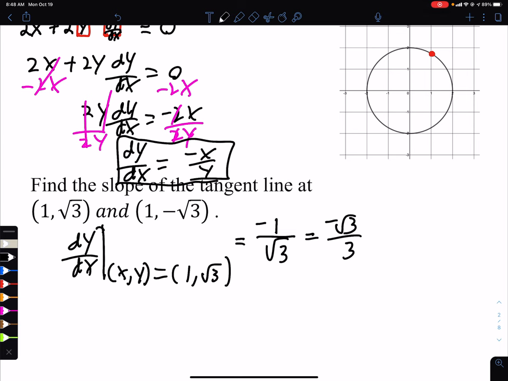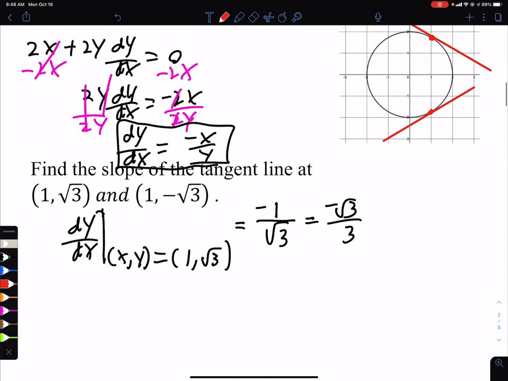And that makes sense. Look at the slope of this line. Isn't it negative? So the tangent line has a negative slope. Now, you have to realize at the point x = 1, there's another point down there. That's where your y value is negative radical 3. So if we want the slope of the tangent line at that point, we would have to use negative radical 3 for the y.